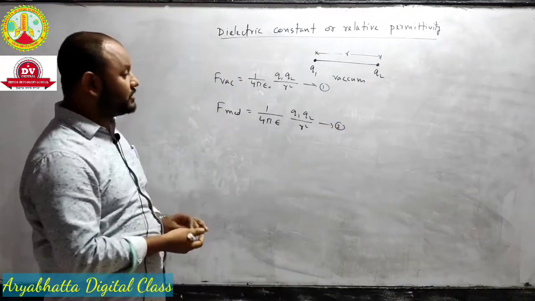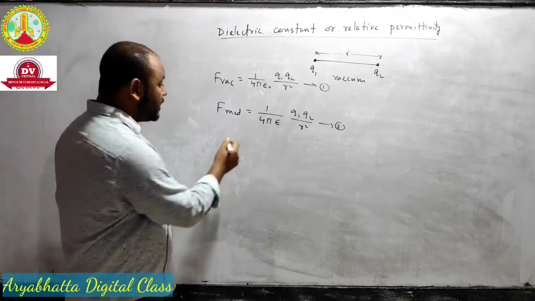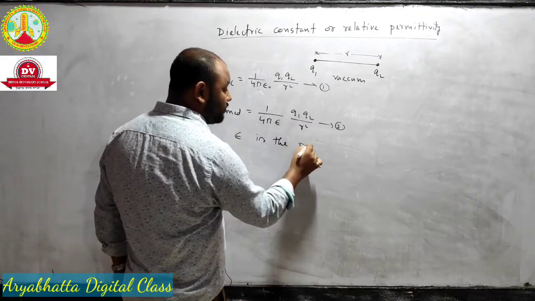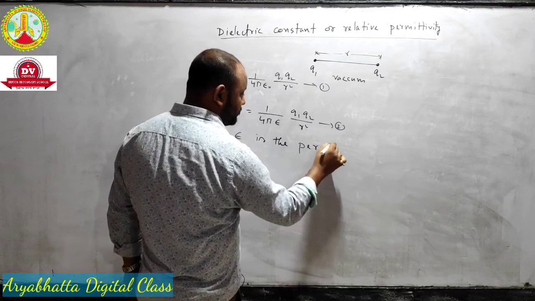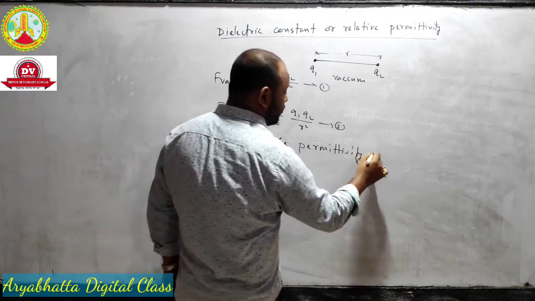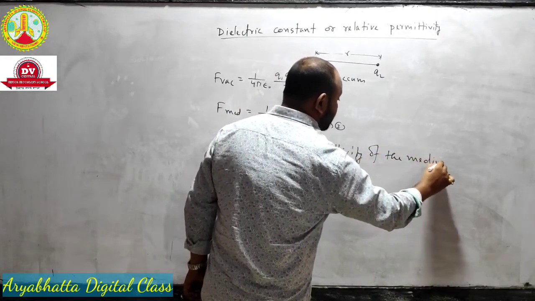So what is the difference? The difference is in epsilon. So what is this epsilon? Epsilon is the permittivity of the medium.